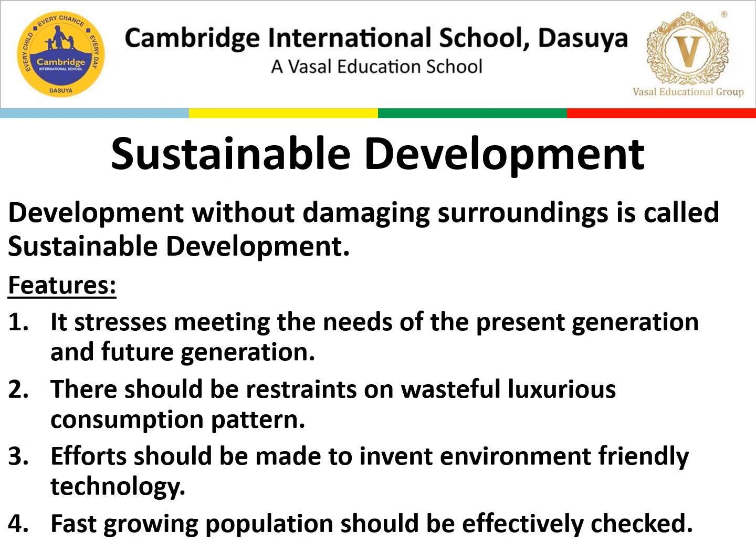Next thing is, efforts should be made to invent environment friendly technology. We should always use eco-friendly technology, so that we do not disturb our ecological balance. So this is a very, very important thing here. Sustainable development needs efforts to invent environment friendly technology, so we should always think of it.